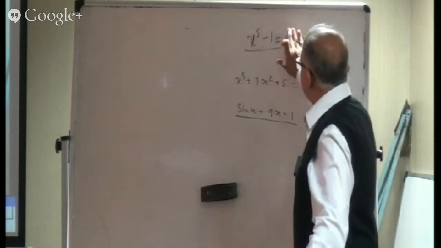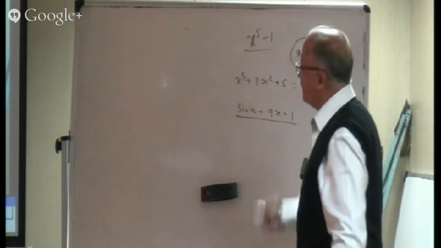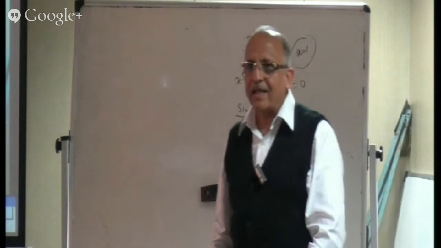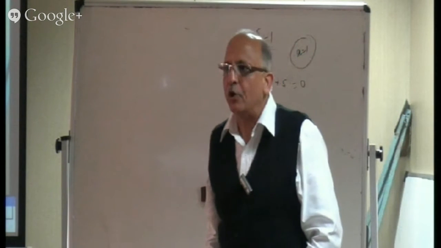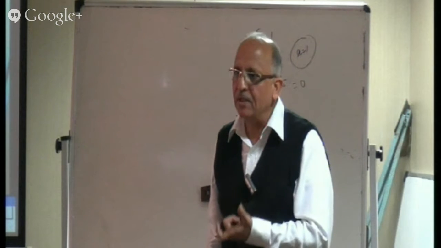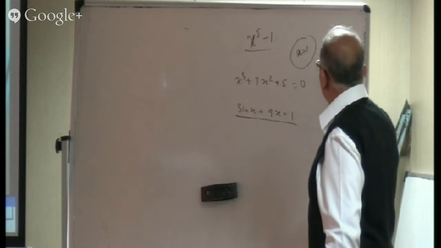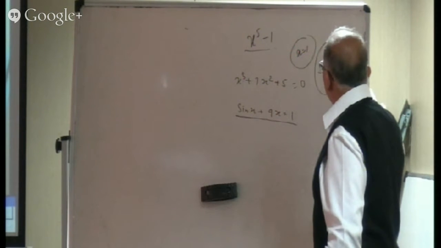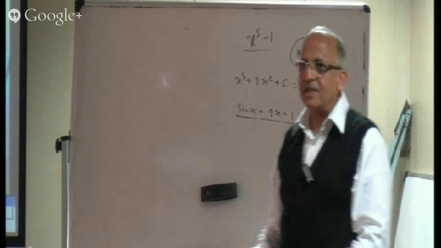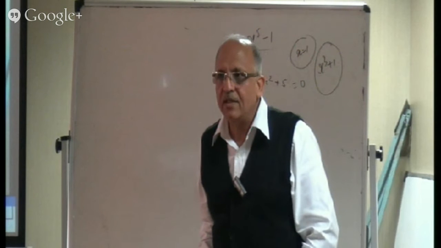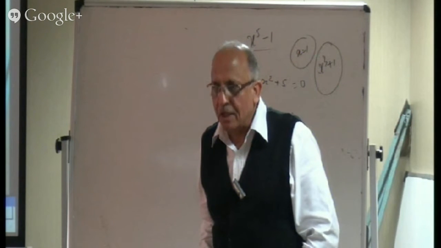We say that 1 is a root of this equation. But suppose we were considering just this polynomial, we'll say that x equal to 1 is a zero of this polynomial because it makes the expression 0. If I take x cube plus 1, this is a polynomial of degree 3, and you can see that x equal to minus 1 is one of the zeros of this.